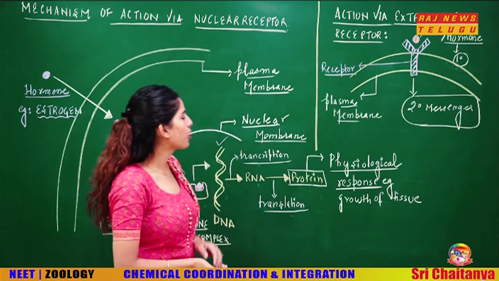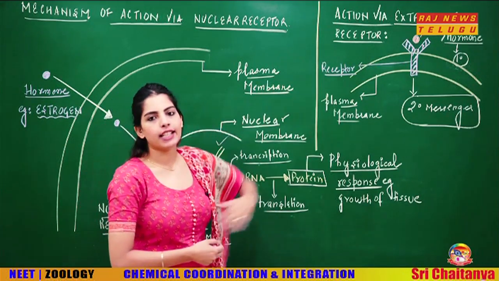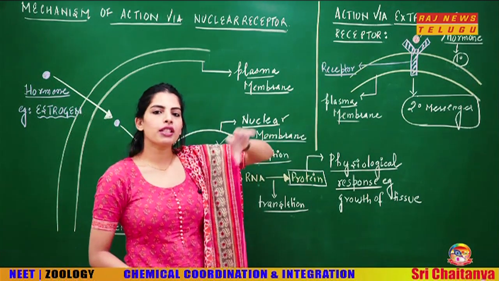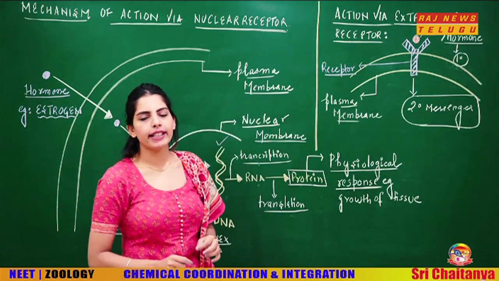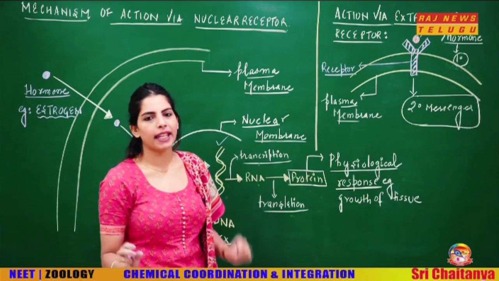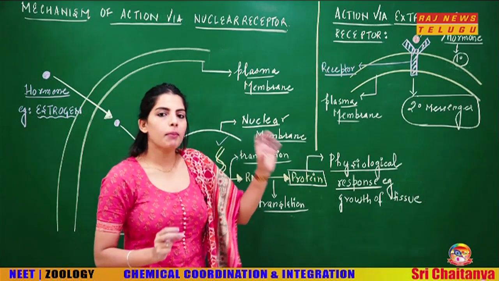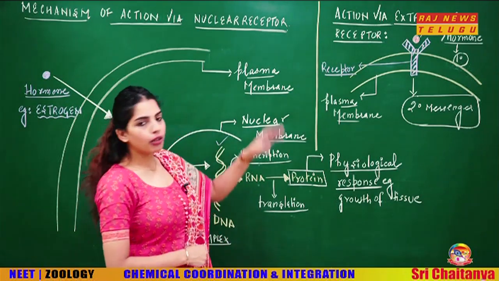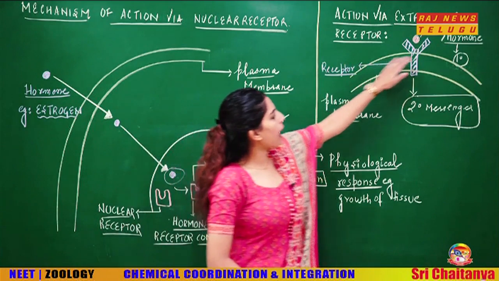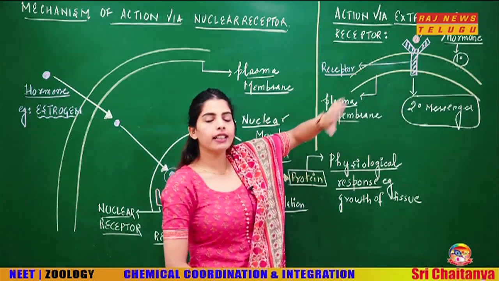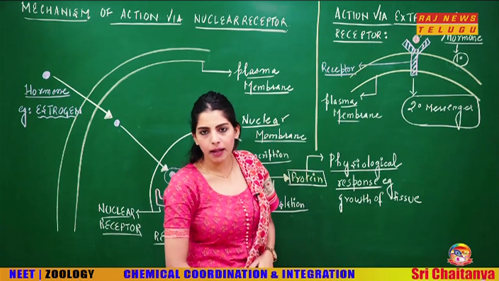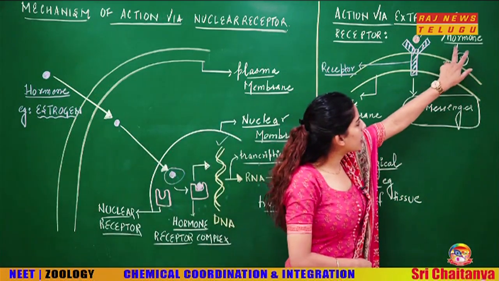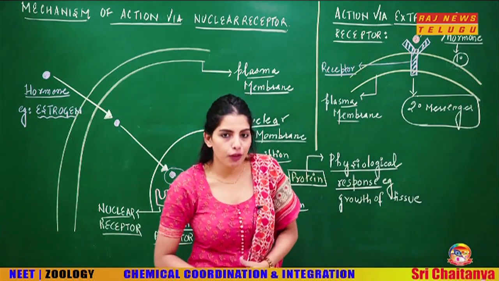Now talking about the mechanism of action via extracellular receptors. Students, this is in short. We are going to discuss by taking one example in detail about the mechanism of action of the membrane bound receptors. But in short, this is the plasma membrane, and since the hormone cannot cross the plasma membrane, it is acting as a primary messenger because it brings the information.